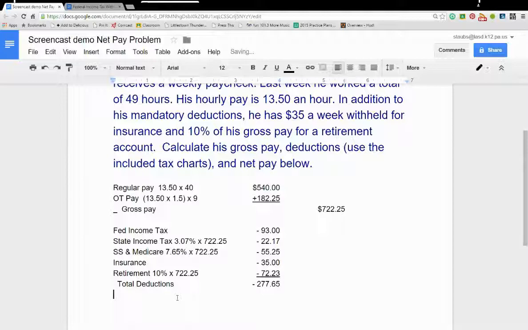And once we subtract that from the gross pay up here, that's going to give us our net pay. That's what we're looking for.